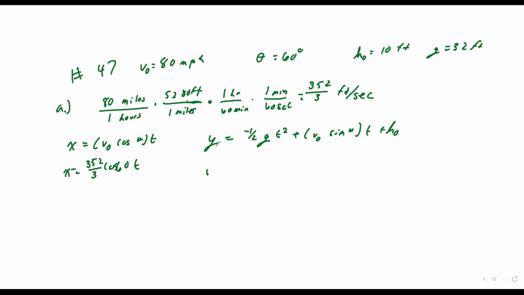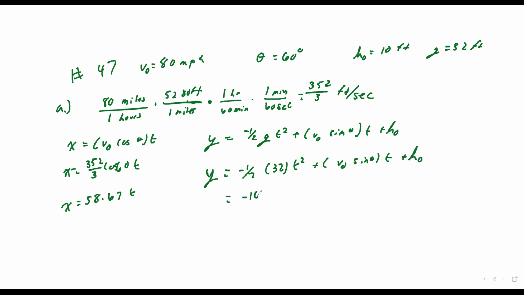All right, so let me quickly do that. So I'm going to take that answer, times it by cosine of 60, and I roughly get 58.67 t. And this is y. This is negative 1/2 times 32 times t squared plus the initial velocity times sine theta t plus the initial height.